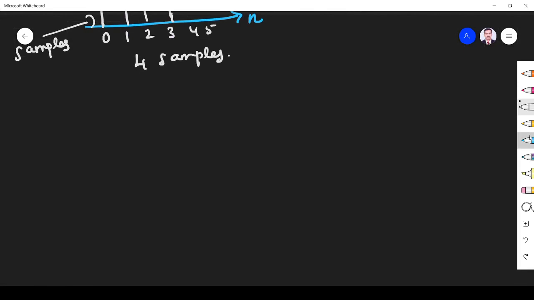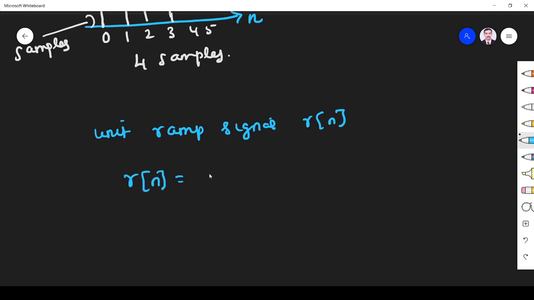Next, what we have to know is the unit ramp signal. The unit ramp signal is given the notation r of n. r of n is defined as equal to n for n greater than or equal to 0, and 0 for n less than 0.